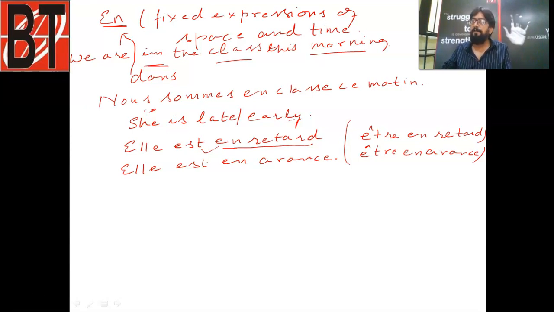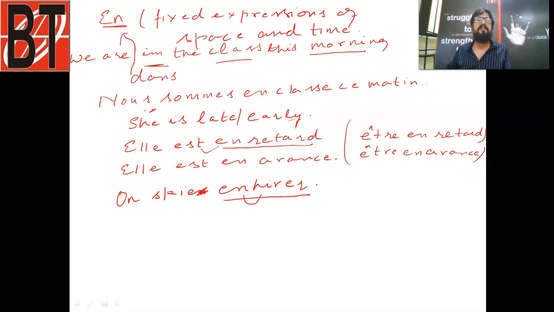So जैसे आप सीजन्स के बारे में बोलते हो, तो we often do skiing in winter और we ski in winter. सो we ski in winter. On skie, अगर मैं इसको वर्ब की तरह लेता हूँ, सॉरी en नहीं आएगा, on skie, on ne skie pas.